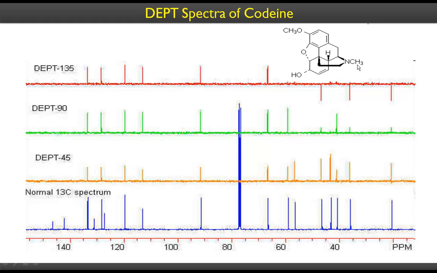Both are attached to heteroatoms, so they must be somewhere in this region, overlapping with each other or a little farther apart. But what is confusing to me here is that in DEPT 90 they are seen. In DEPT 90 we shouldn't see them, so they must be overlapping, right? Okay.